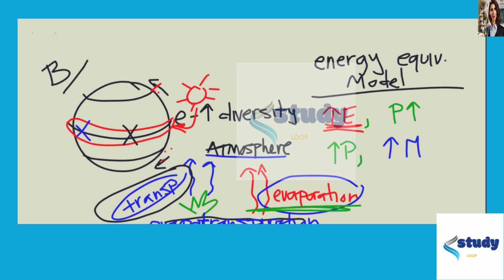Because we have this increase in energy at the equator, we get the increase in populations. You also see, say, in rainforest areas, larger populations.